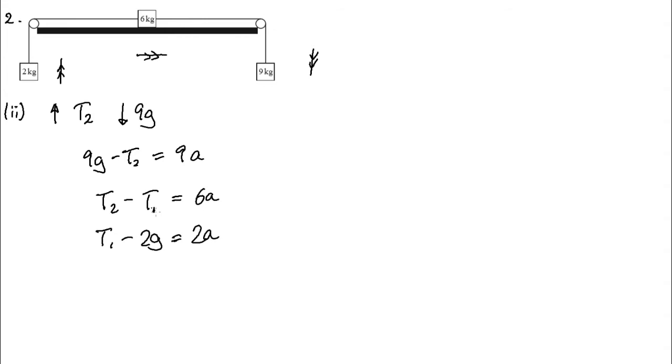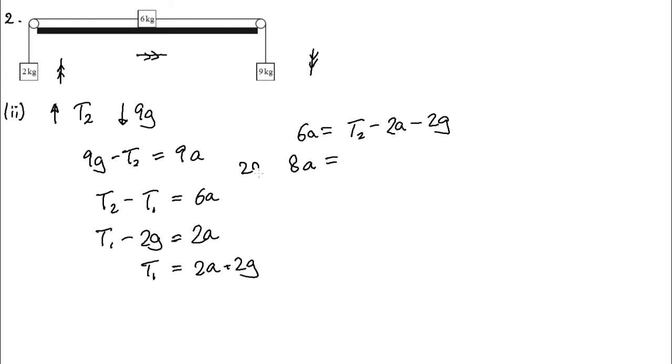Now, all we need to do is solve these equations. T1 is equal to 2a plus 2g, and therefore 6a is equal to T2 subtract 2a subtract 2g. And 6a and 2a come together to 8a plus 2g equals T2.